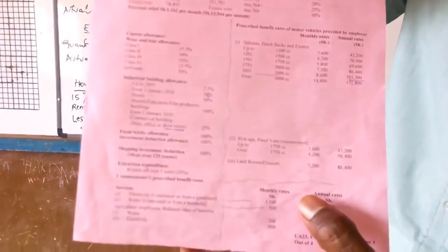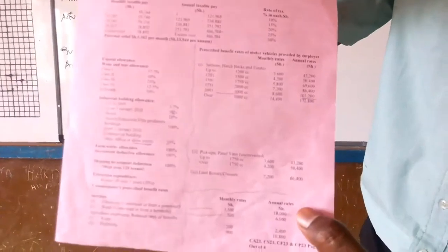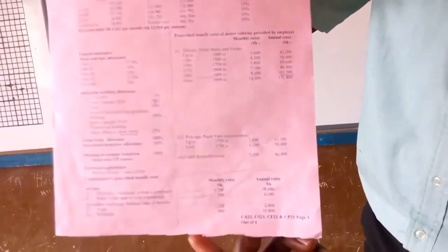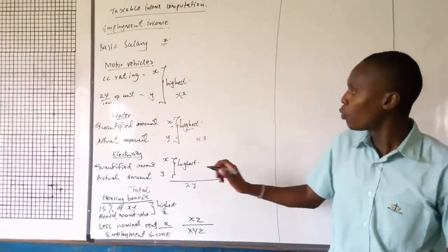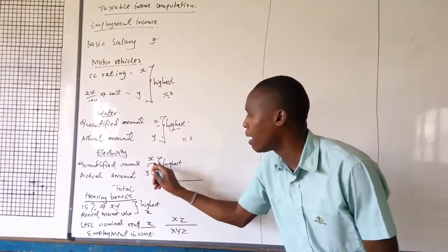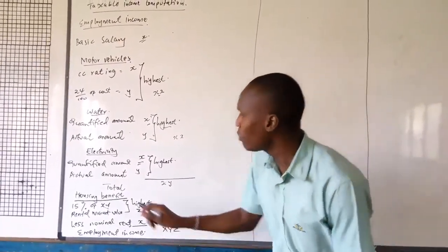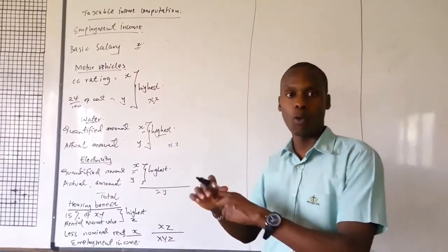Then we have the quantified amount, monthly, which is 900, and the annual rate, which is 10,800, given at the beginning of the question paper. So the quantified amount will be extracted from the question paper. Then we have the actual amount, which will be extracted from the question itself.